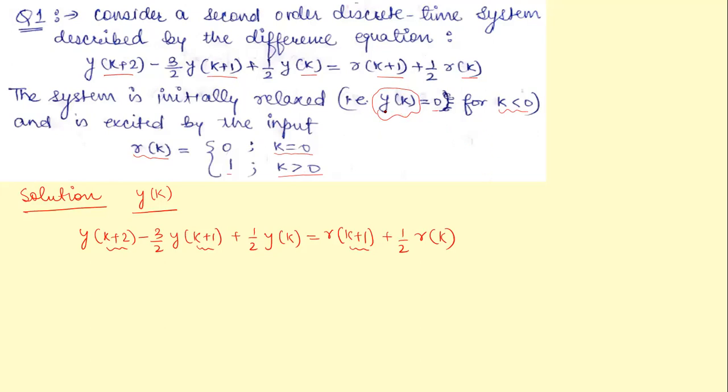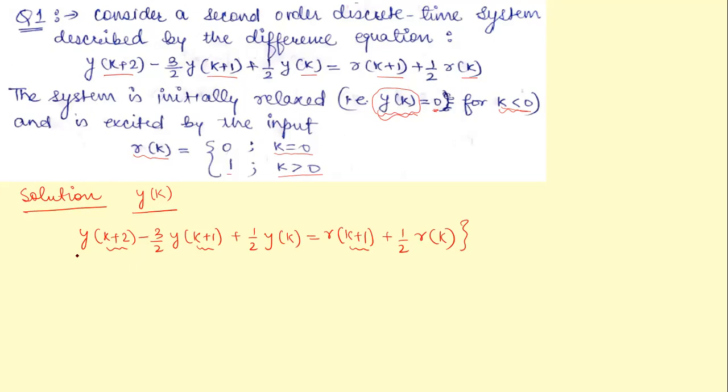However, we have been given that the response is 0 for all the values of k less than 0. So that means we need to convert this particular equation into the relevant form first of all, and then we will apply the Z transform to find out the Z transform of the given equation, and then we will see how we can find out the response yk of the given equation.